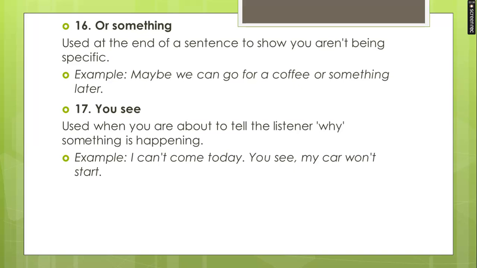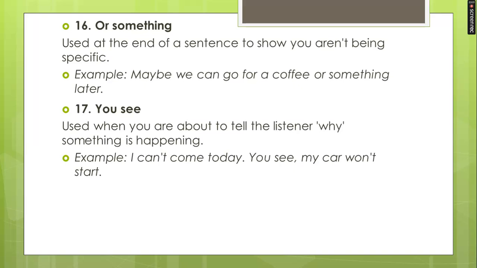17, "you see." It is a filler used when you are about to tell the listener why something is happening. For example, I can't come today, you see, my car won't start.